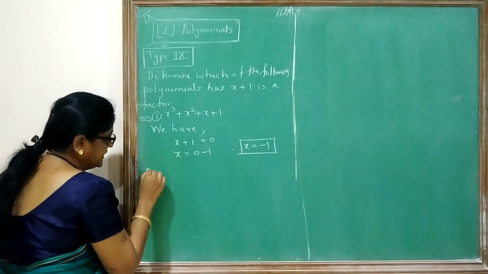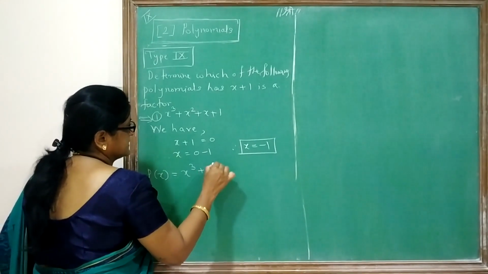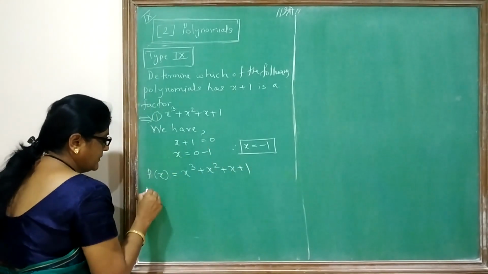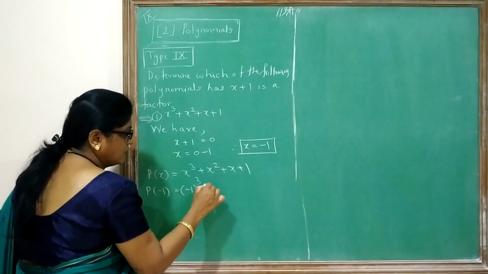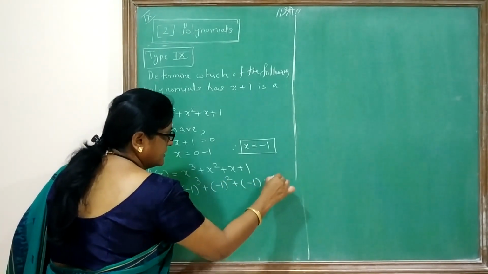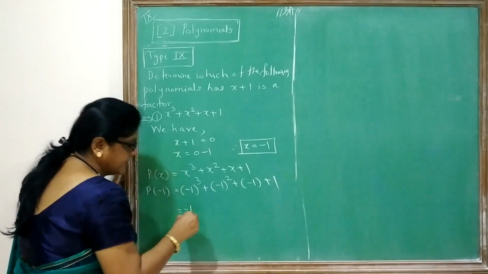Then you will write p of x. What is p of x? x cube plus x square plus x plus 1. Then put the value of x as minus 1: minus 1 whole bracket cube plus minus 1 whole bracket square plus minus 1 plus 1. Minus 1 cube is minus 1.